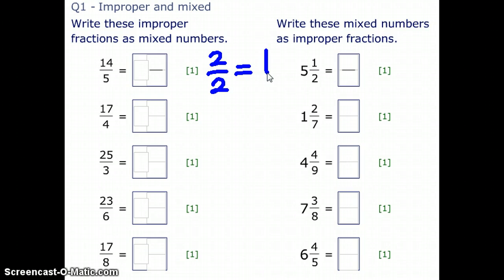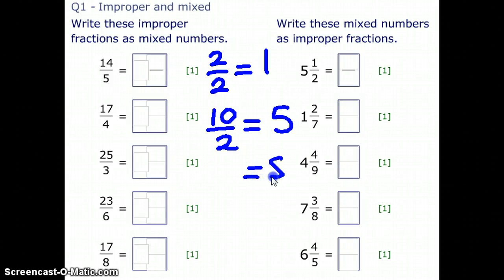So if I've got 2 halves for each whole, if I have 5 whole numbers, I must have 5 times more that. So I'm going to have 10 halves. So 5 wholes are 10 halves. I also have a half there already. So that means that 5 wholes and 1 half must be the same as 11 halves.